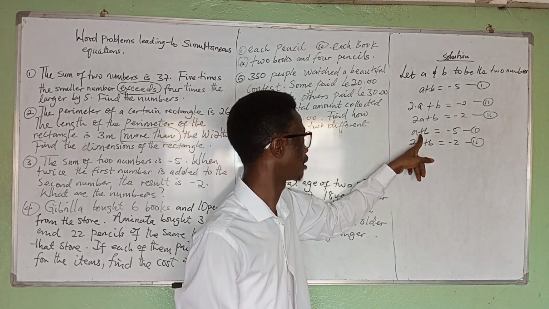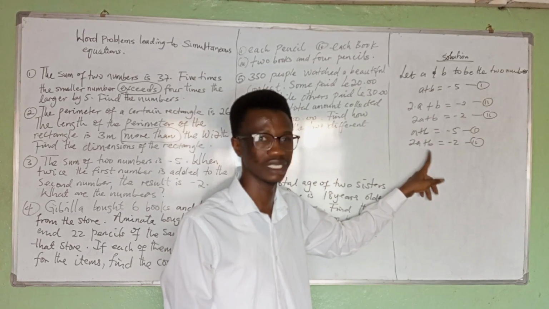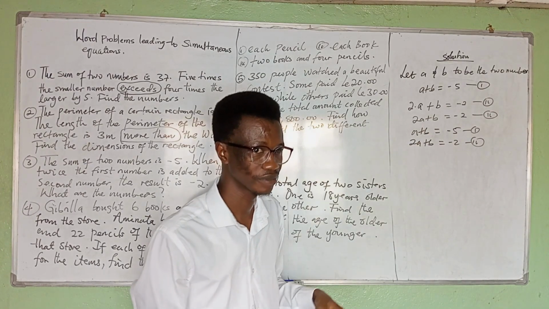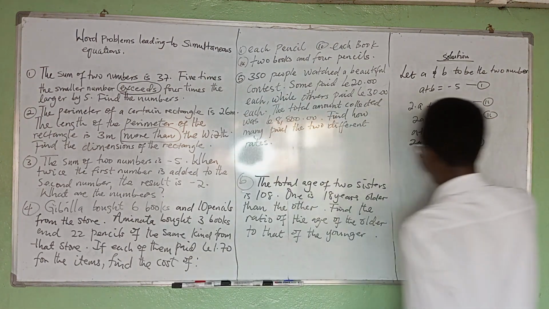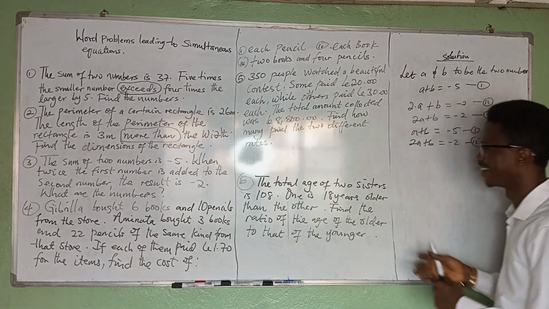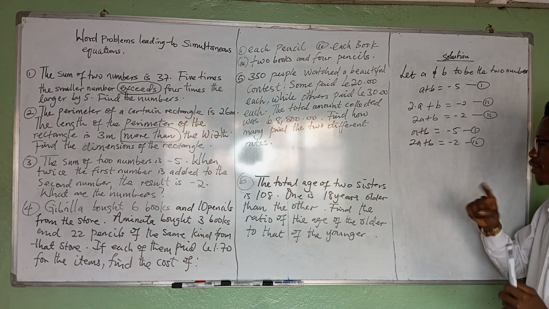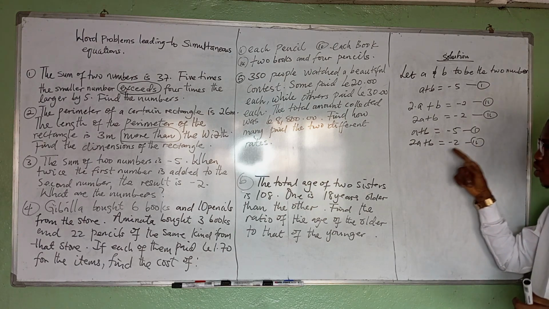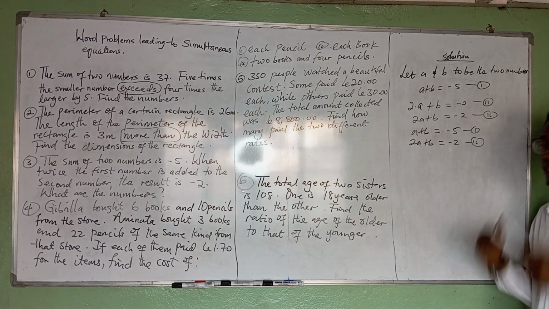But now let's imagine if this is plus 2 and this is minus 2, the coefficients are never the same. So let's just say the magnitude, the numbers, have to be the same basically. And not only the numbers, their signs need to be different.